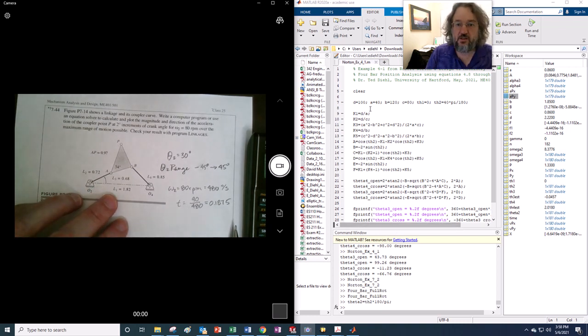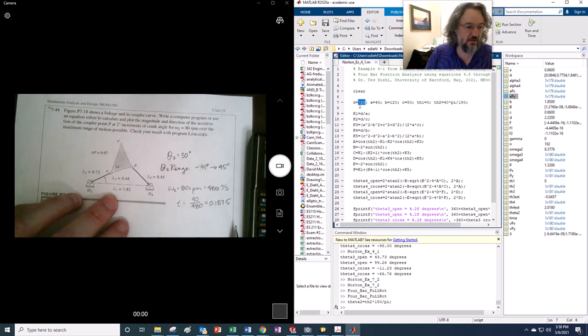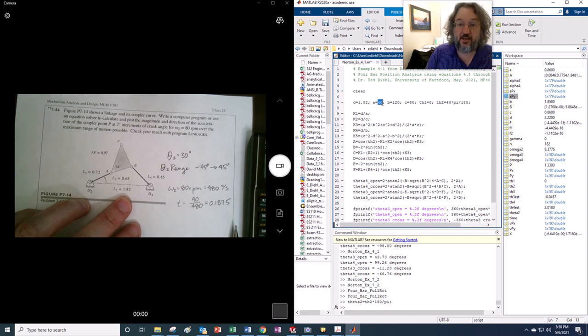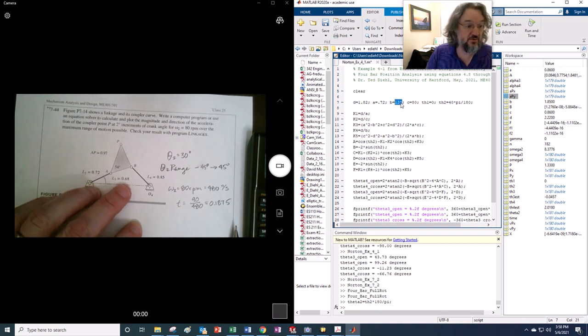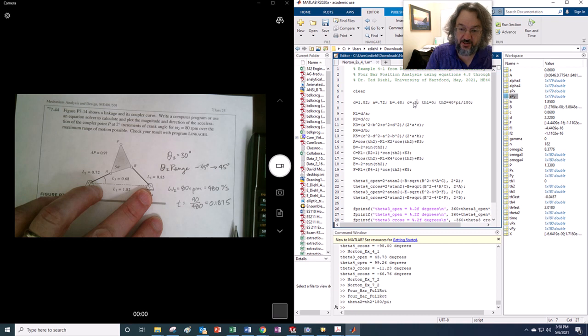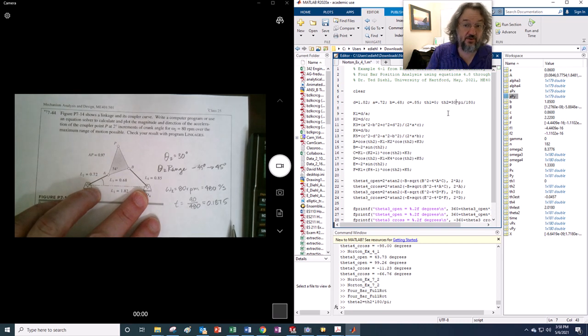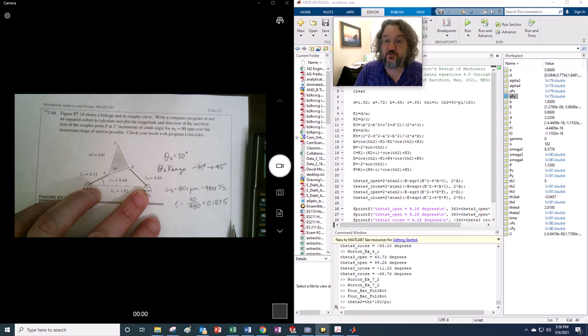Okay, so D here is 1.82, A is 0.72, B is 0.68, C is 0.85, and the theta that I decided to go with is 30. All right, and so everything else looks okay.